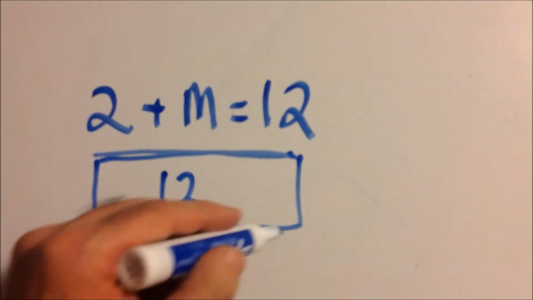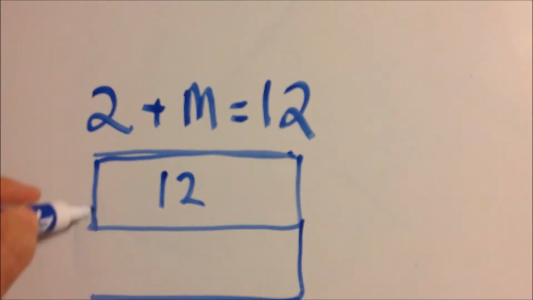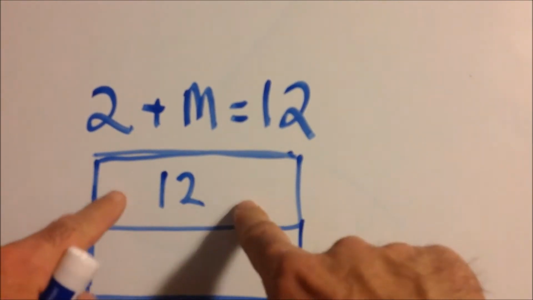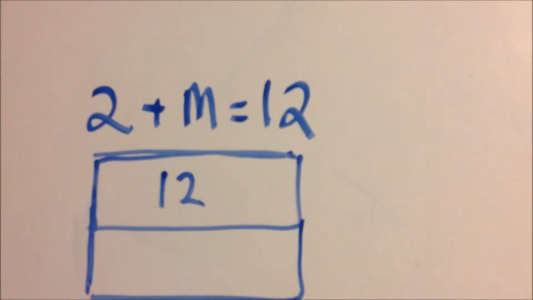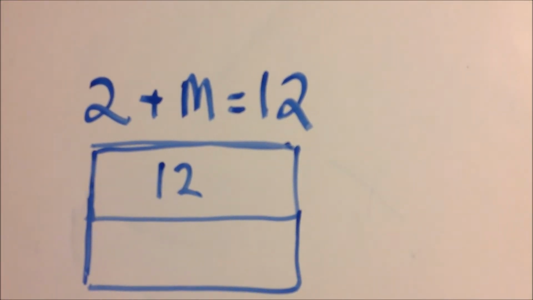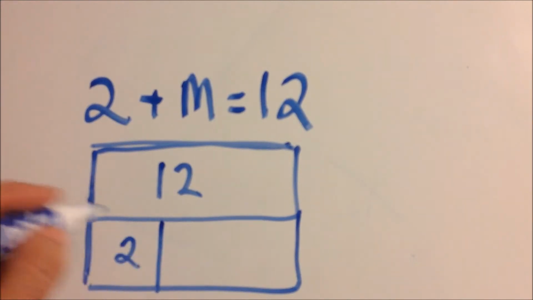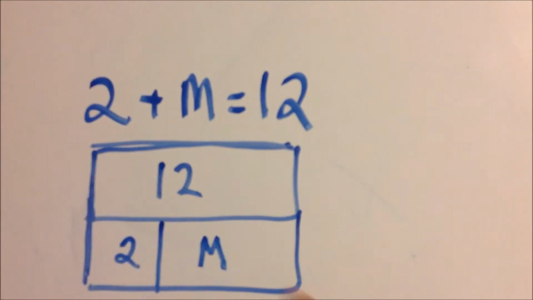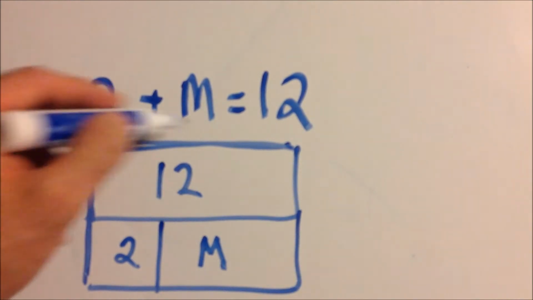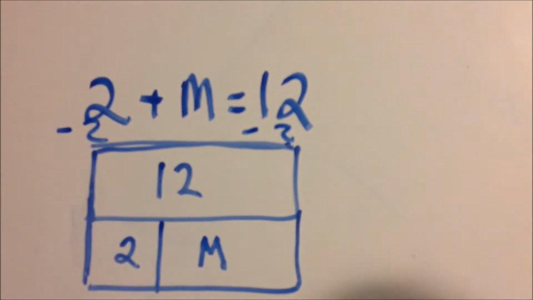That's what we're trying to get. And the bottom number, actually the 12 is what we already have, that's the total amount. And the bottom bar is what we're trying to get 12. And we have a 2, and we're trying to get the missing variable m. And we know by subtracting 2 on both sides, we know m is 10. So that's how we model that.